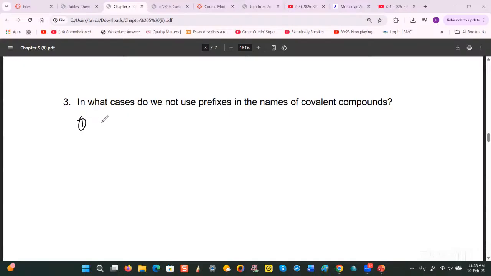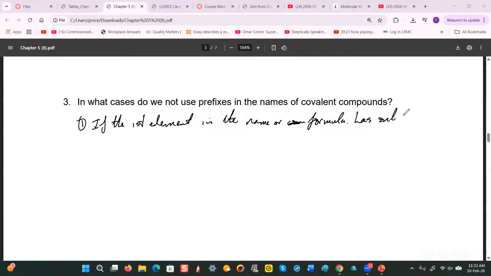The first one is if the first element in the name or formula has only one atom represented.